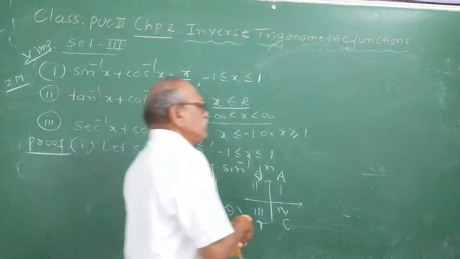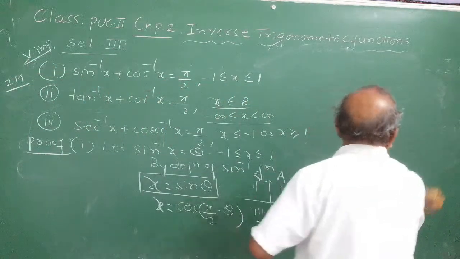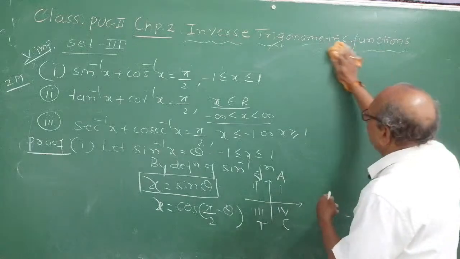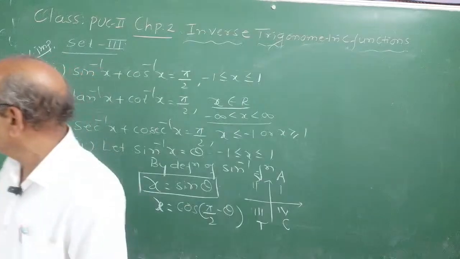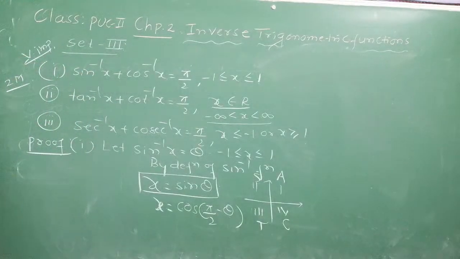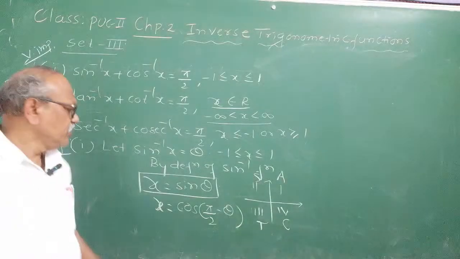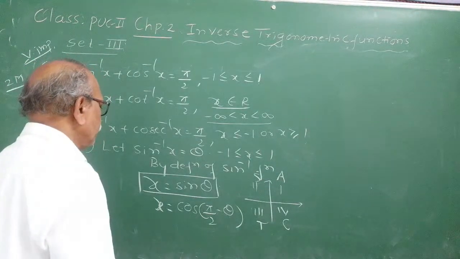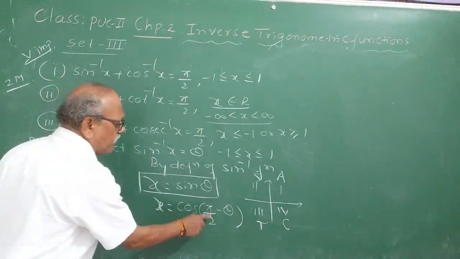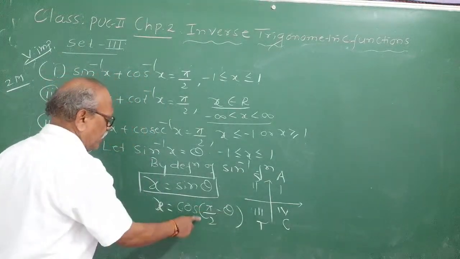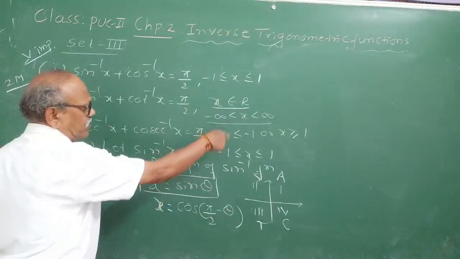Based on this, I told you, you must learn allied angle before you start learning compound angles, multiple angles, submultiple angles. All of them will be useful to you. You have to use them. See, can I write this one, cos of pi by 2 minus theta, when x lies between minus 1 and plus 1?